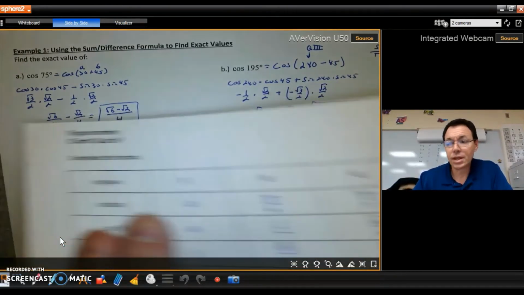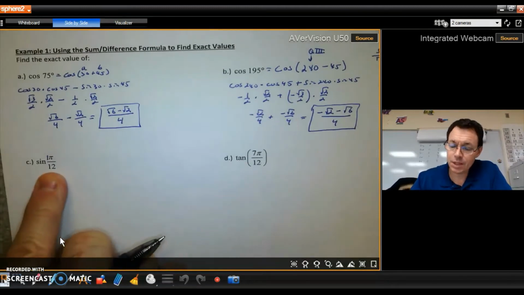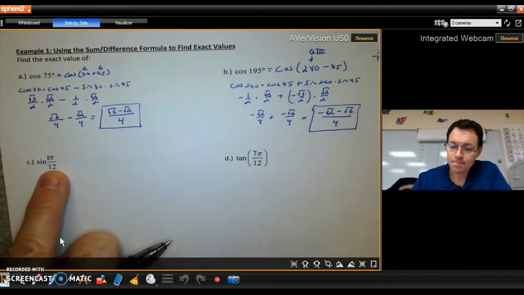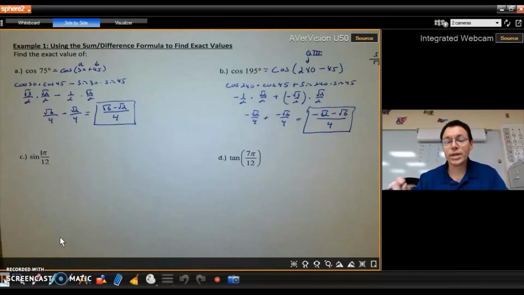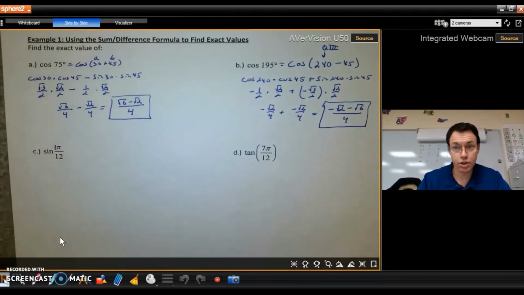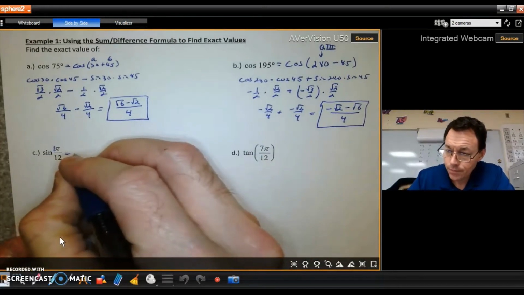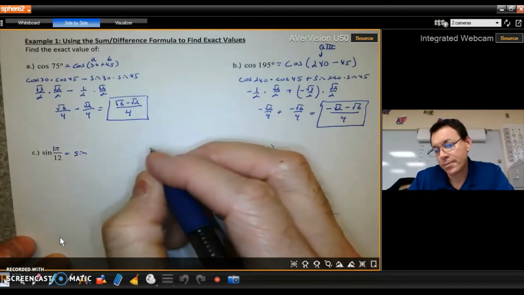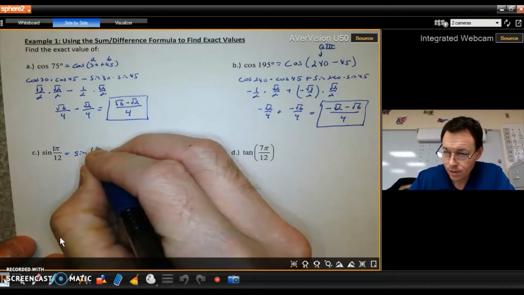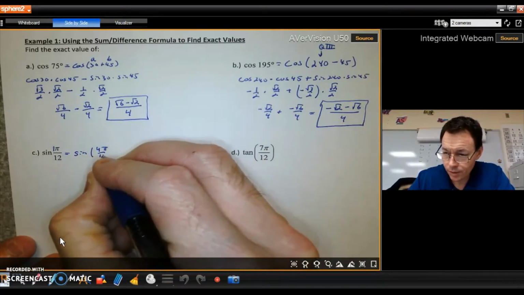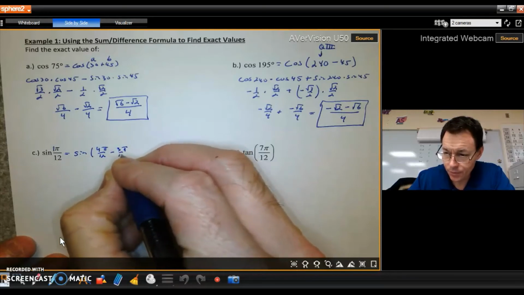So what's going to happen is this is going to be two angles with a common denominator of 12 that subtract to give you 1/12 and will reduce to be on our chart. So for this one, let me just show you. So the sine of, and I'm going to think of 1/12 as 4/12 minus 3/12.